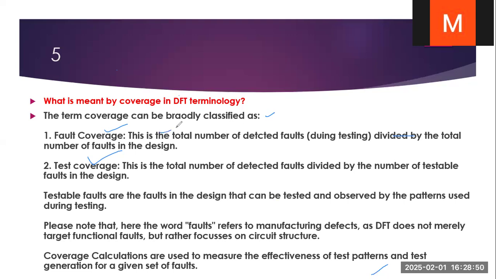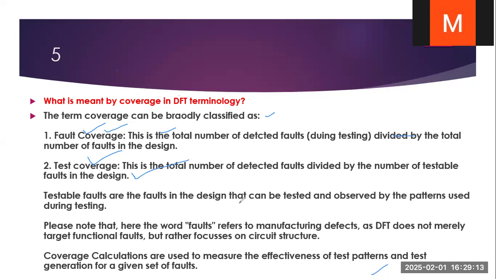Here the fault coverage is tested faults by total faults. That means testable faults plus untestable faults come under the fault coverage category. In the test coverage category, it is tested faults by testable faults, only testable faults. Untestable faults are not considered for calculating the test coverage.